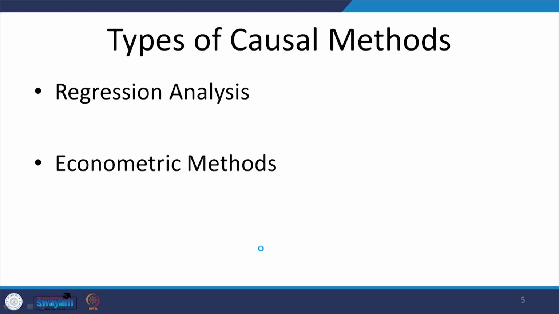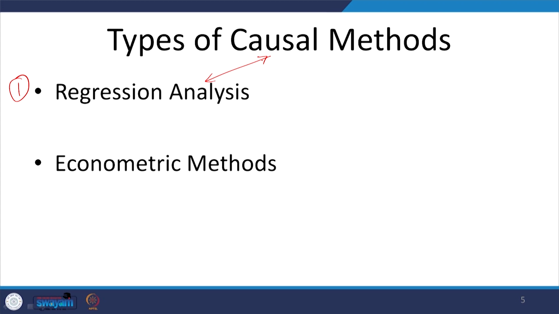Now, in the causal methods, we have two important types of methods. One is regression analysis. Many a time in production and operations management, we normally use regression analysis interchangeably with causal methods.